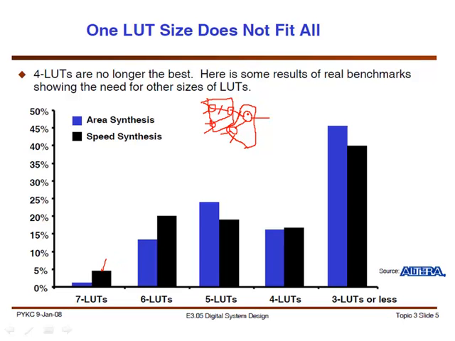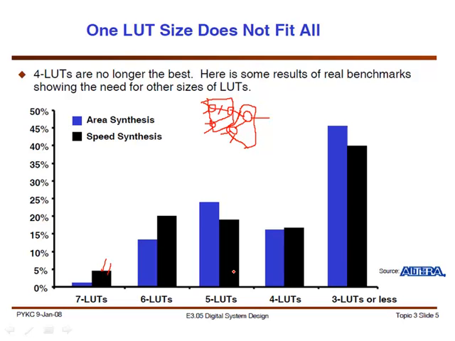But because you're hiding a lot of these connections inside the lookup table, things do get better. At the same time, if you take one design, not everything is going to be mapped to 7 LUTs. Some parts of the circuit graph make sense to be done using 4 LUTs or 5 LUTs and so on.